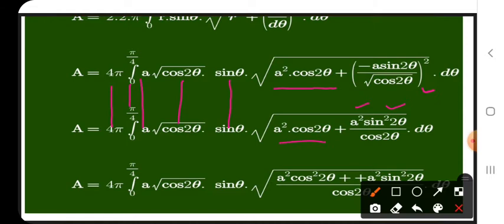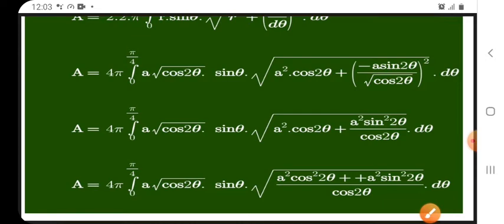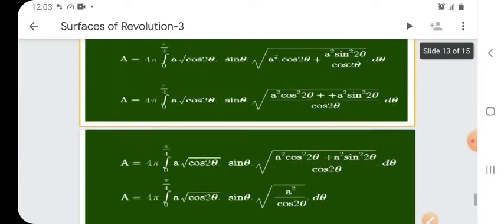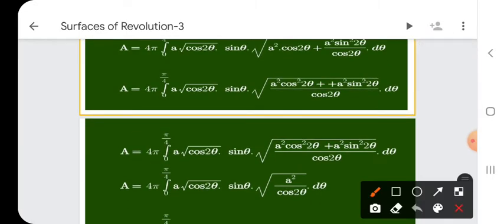In the denominator we have root cos 2 theta whole square, so the root and square cancel, and we get only cos 2 theta. Now taking the LCM inside the root, the LCM is cos 2 theta. Cos into cos gives a square cos square 2 theta, and here we have a square sin square 2 theta.